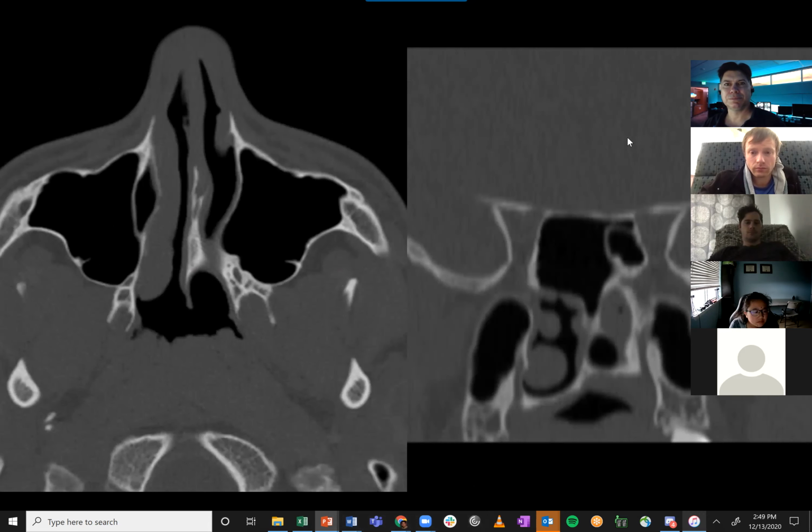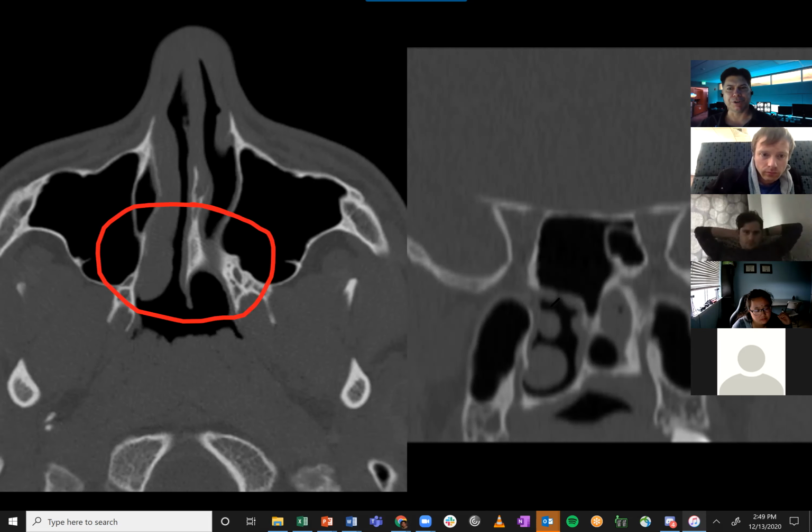Okay, so an axial and coronal CT non-contrast with bone kernel. What do you think about symmetry in this area? Some fullness on the left side.